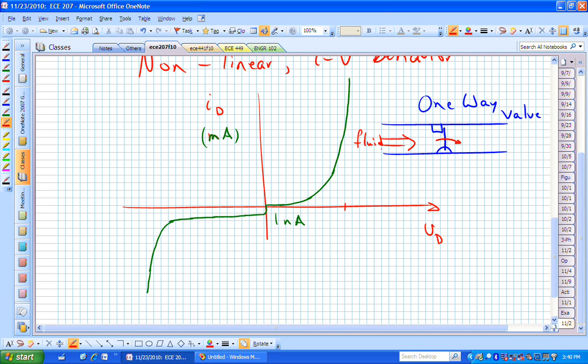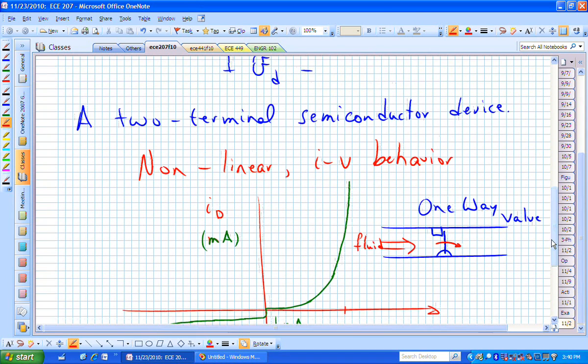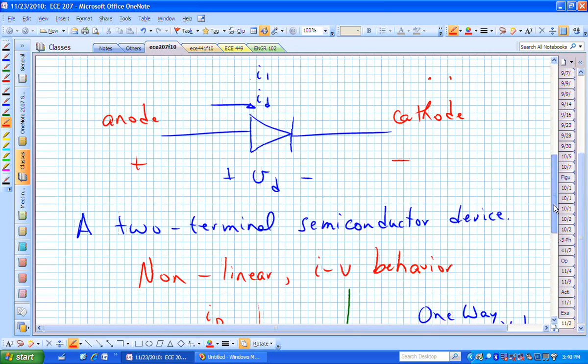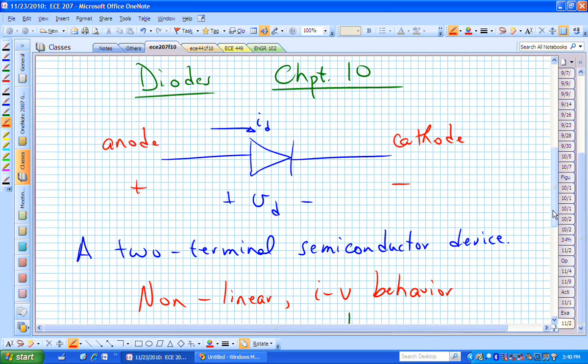The fluid will only go in one direction. If the fluid was going from right to left, it would bang up against that stop and not be allowed to flow from right to left. We will have fluid going from left to right, which in our diode model or schematic, the current is going to go in the direction that the triangle is pointed.